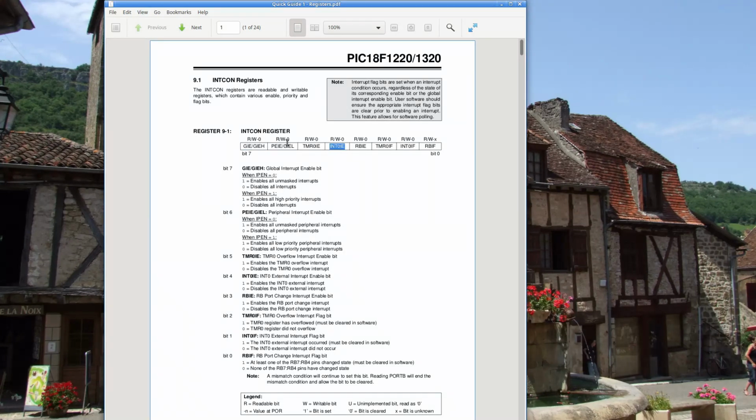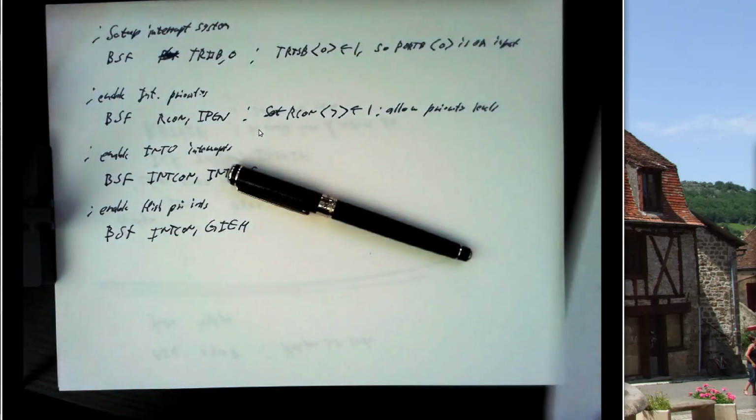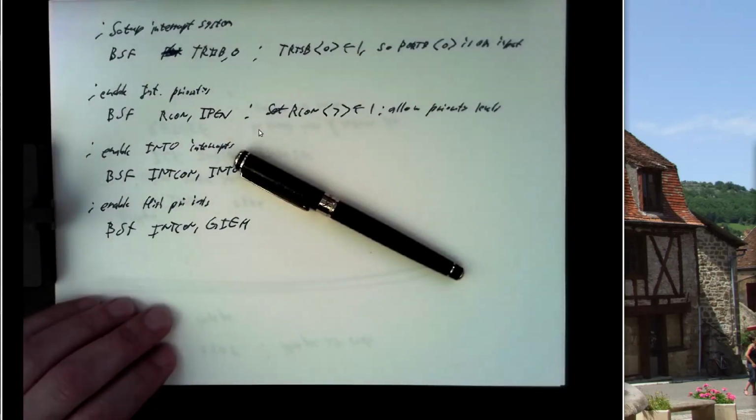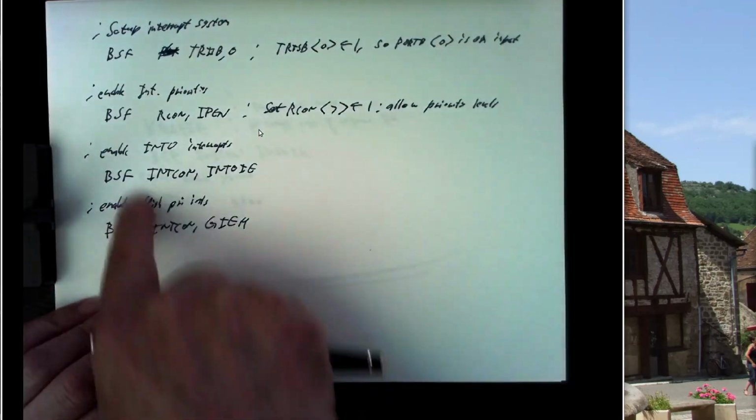And so this looks like 1001 0000. We'd move a 90 hex into W, move W into INTCON, and that would set that register up. That's just to get some practice looking at the register and thinking about how all these bits interact. But then question 10 says go ahead and use bit-oriented instructions, so bit set, bit clear, and so on.